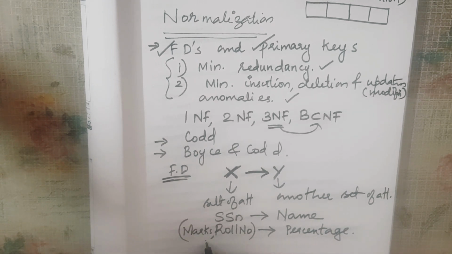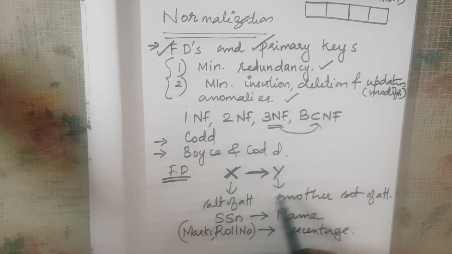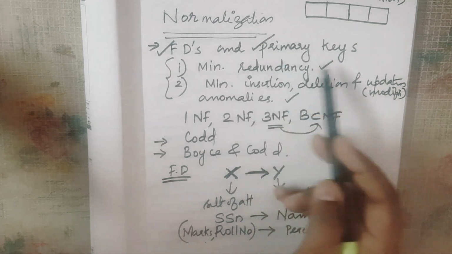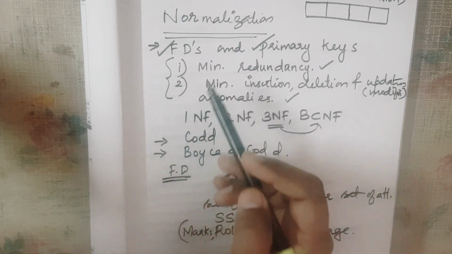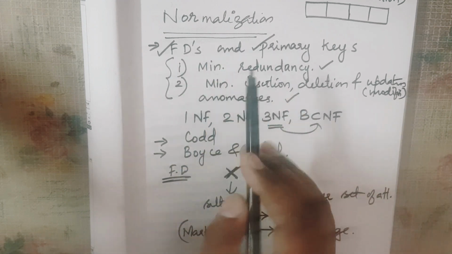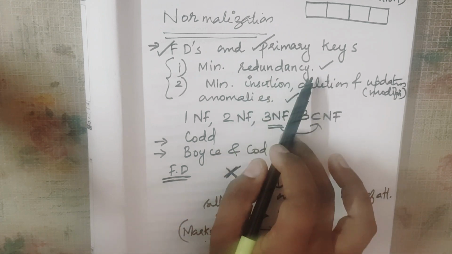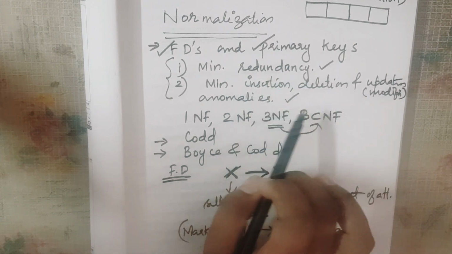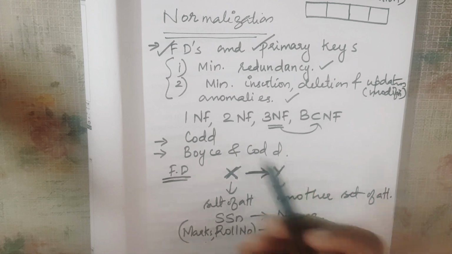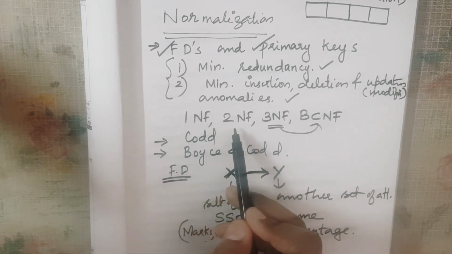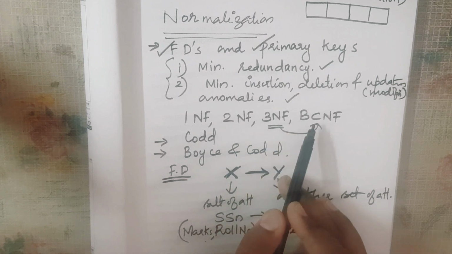Both these two determine the percentage of a student. This is about functional dependency, and this functional dependency and the primary key give rise to the concept of normalization. Mainly normalization is done to minimize the redundancy and to minimize the different updation anomalies. In the next class, we will discuss first normal form, second normal form, third normal form, and BCNF.